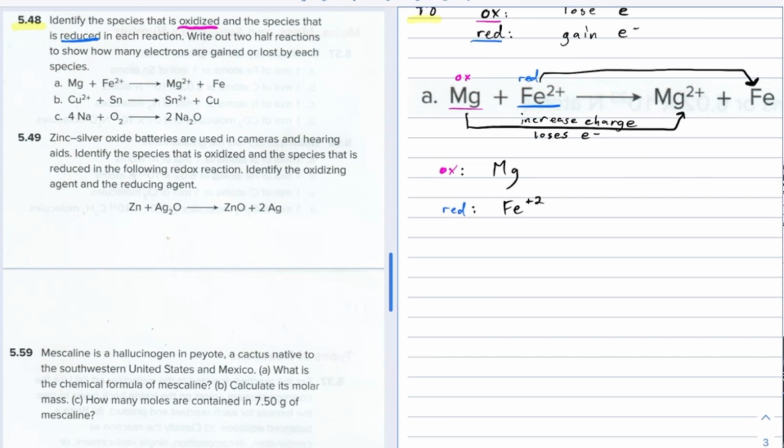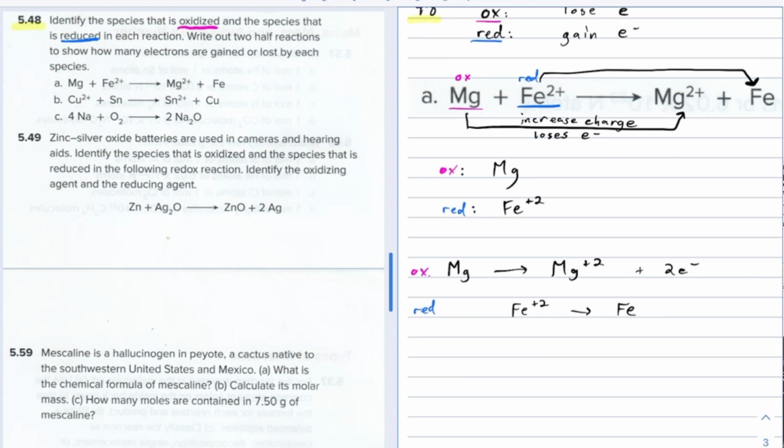So if you want to write the two half reactions, we can say that Mg turns into Mg +2, and so it loses 2 electrons. We need to write the 2 electrons explicitly. So this is the oxidation half reaction. And the reduction half reaction, we're going to start with the Fe +2, and convert it into Fe.